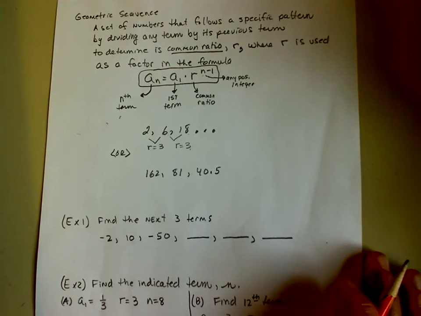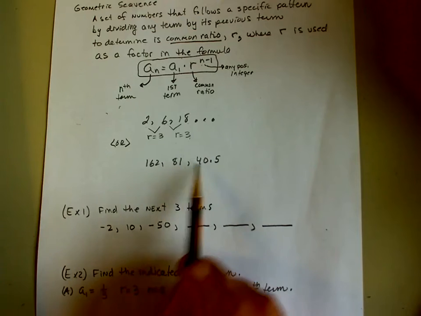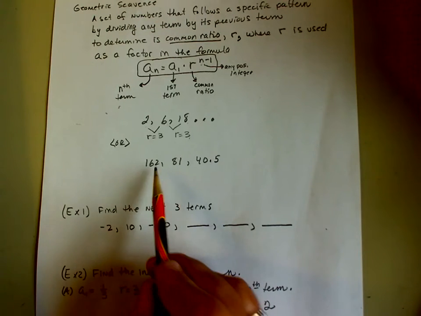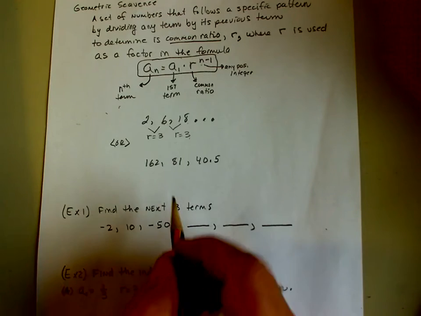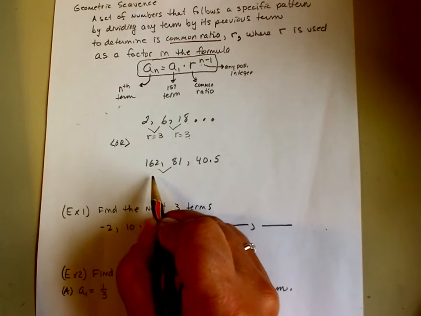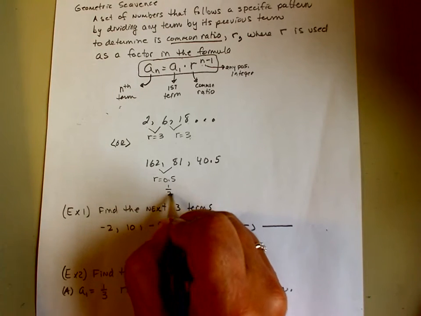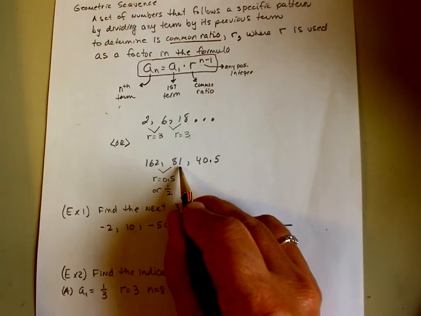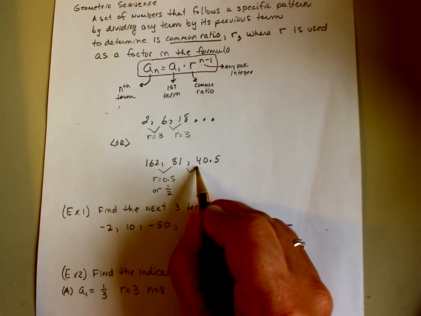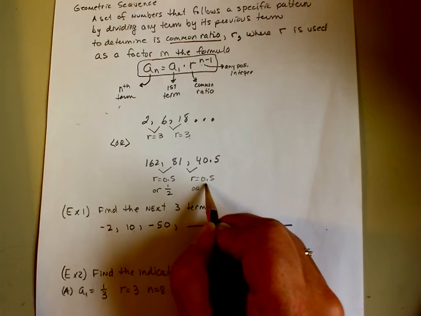In the next example, we have 162, 81, and 40.5. This will follow a specific pattern. 81 divided by 162, r is equal to 0.5 or 1/2. 40.5 divided by 81 is again r equals 0.5 or 1/2.